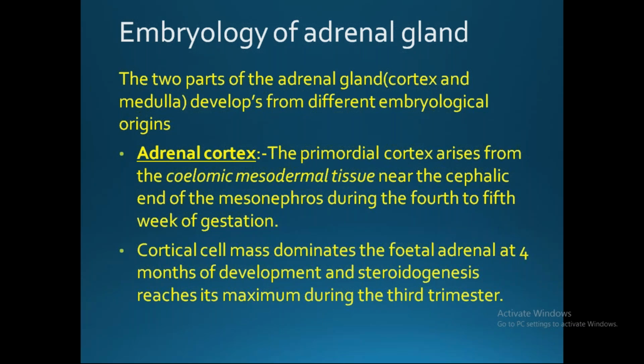The cortex usually arises from the mesodermal tissue near the mesonephros at around 4 to 5 weeks of gestation. This cortical tissue is important for steroidogenesis. The body's steroids are glucocorticoids, mineralocorticoids, and sex corticoids. Any disruption in these three hormones causes a spectrum of symptoms.